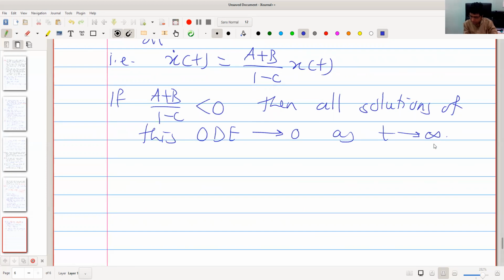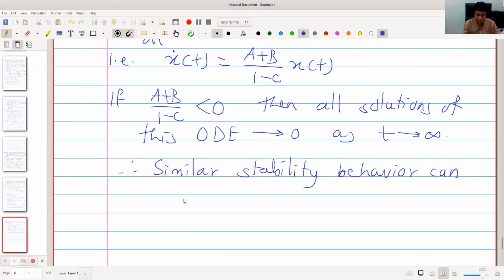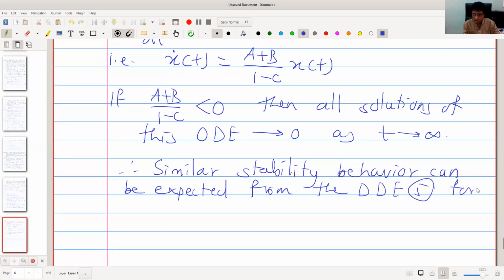That means this ODE is stable. Therefore, similar stability behavior can be expected from the delay differential equation phi for small r, sufficiently small.